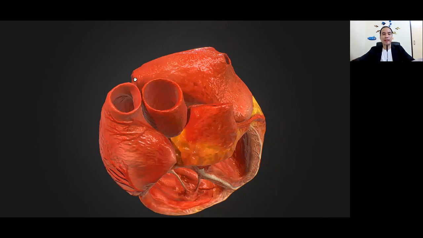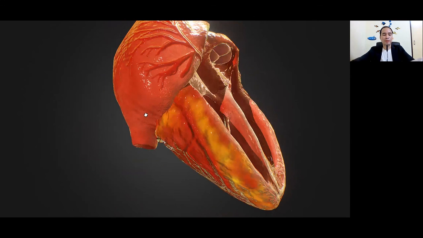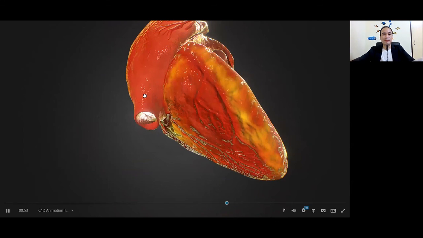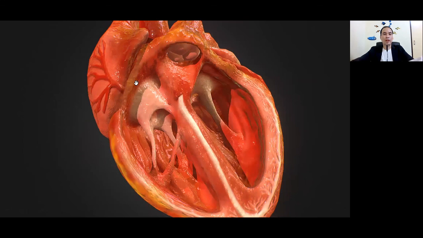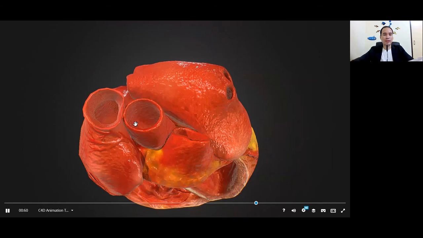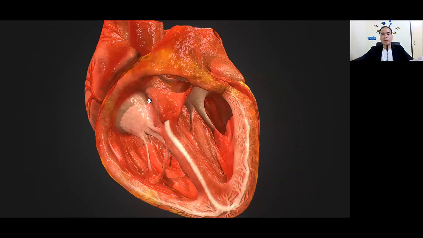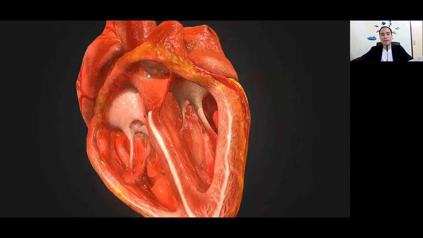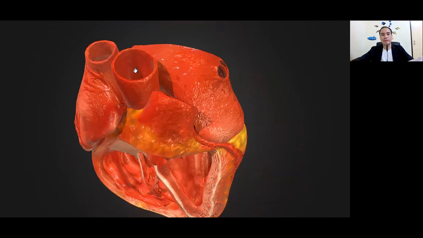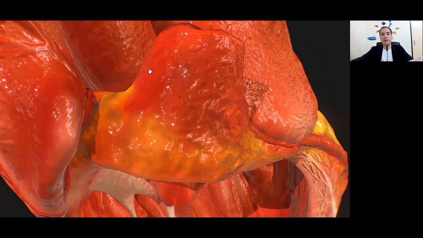The one at the bottom is your inferior vena cava, meaning bottom, inferior. Next, this large blood vessel, one of the biggest, is your aorta. That's why the valve is called the aortic valve. Your aortic valve is connected to your aorta here.